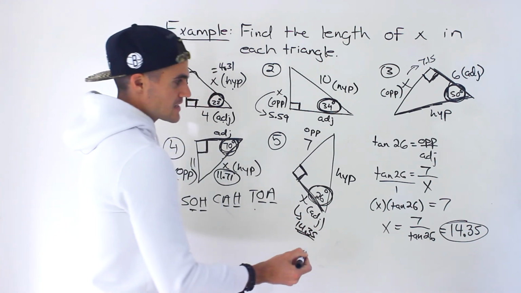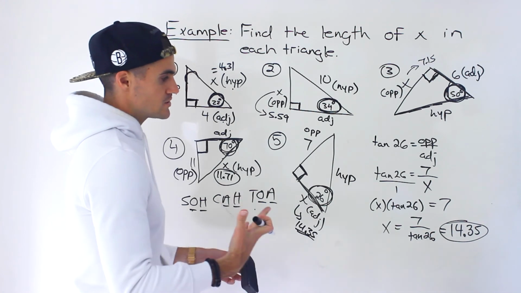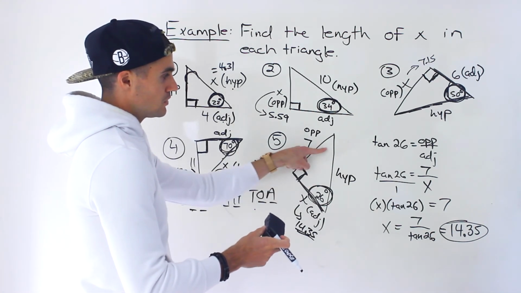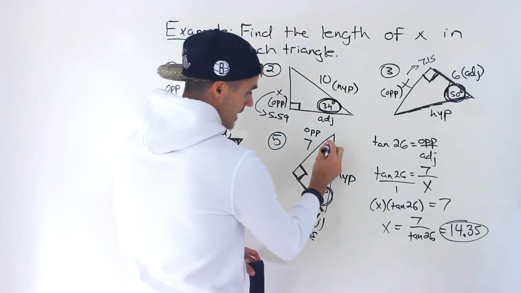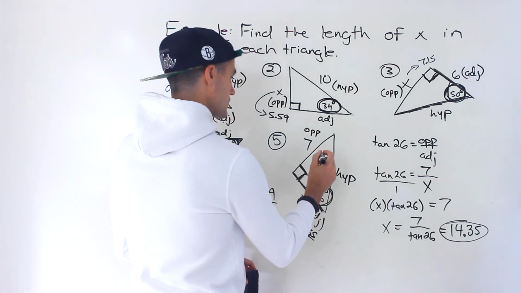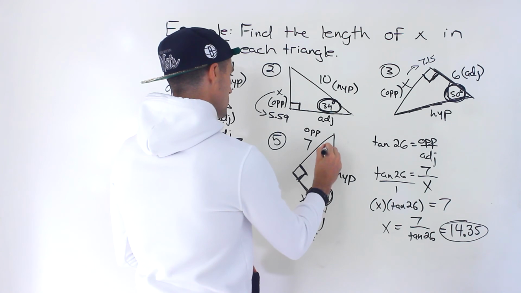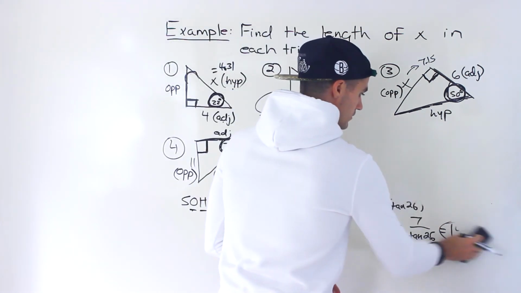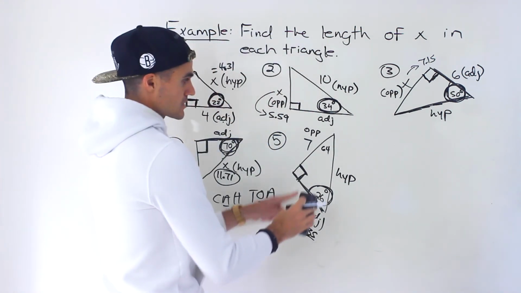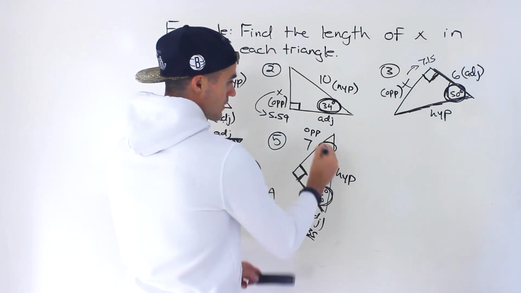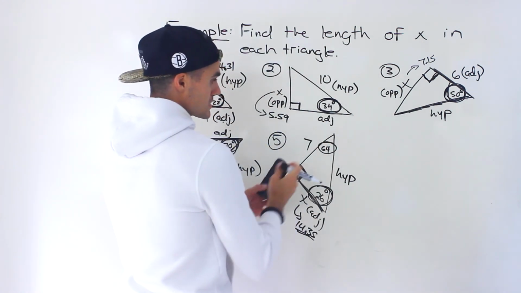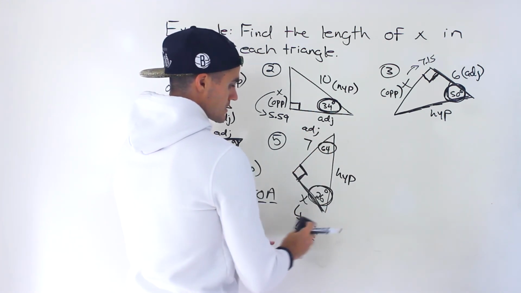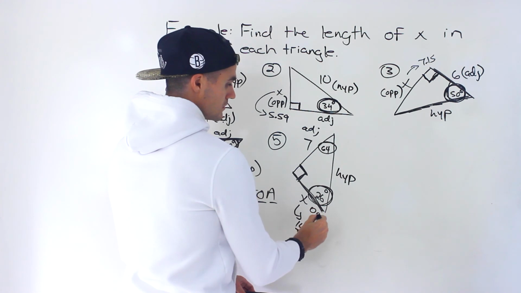Okay, and as I mentioned before, there are different ways you could solve this too. In this case, we're given this angle here, but you could always get the other angle. So 90 minus 26 would give us what? 64. And what if we use the 64 over here instead to solve for this x? If we use this 64 as the reference angle, then this would be the adjacent side now, and the x that we're solving for would be the opposite.